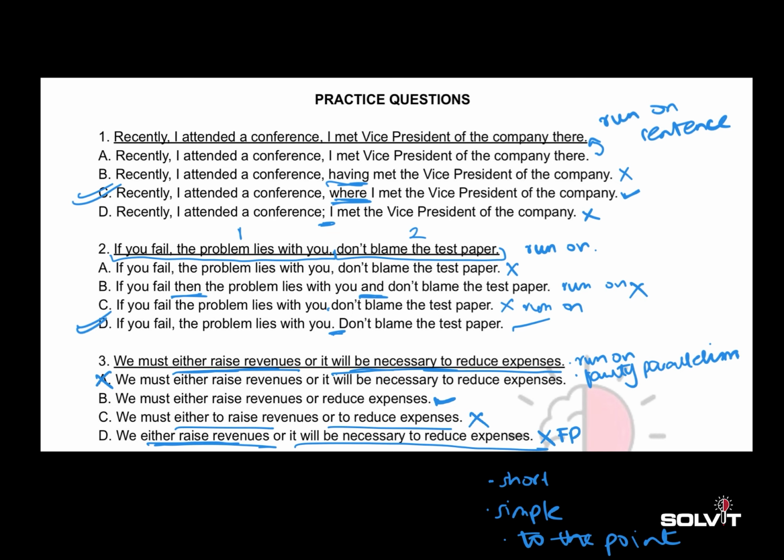So our correct option is option number B. Why? Because it's short, it's simple, it's to the point, it's not a run-on sentence, there's no faulty parallelism. There is correct parallelism, in fact, because either raise revenues or reduce expenses, they're both in the same form. So our answer is option number B.